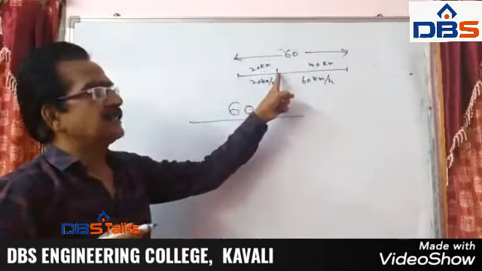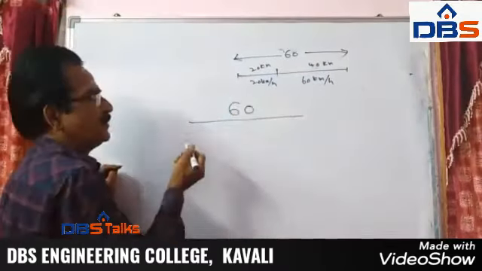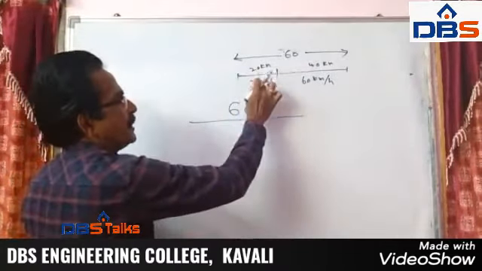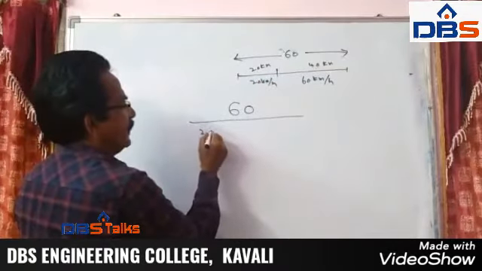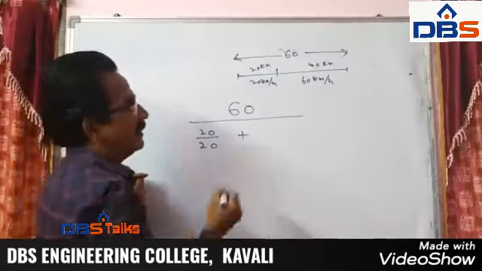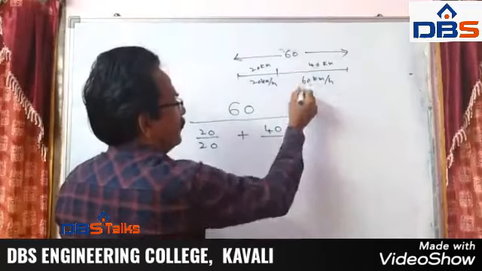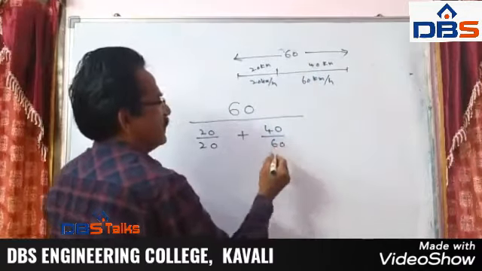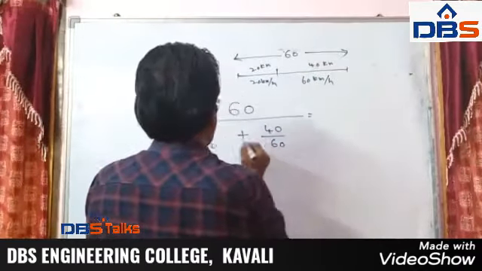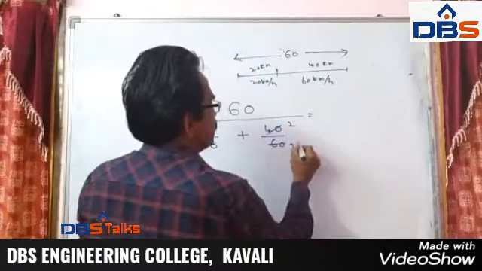So the first 20 kilometers is traveled at 20 km/h. So what is the time? Distance by velocity, plus here distance 40 by 60.